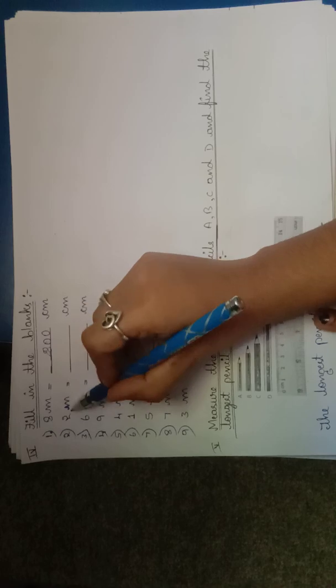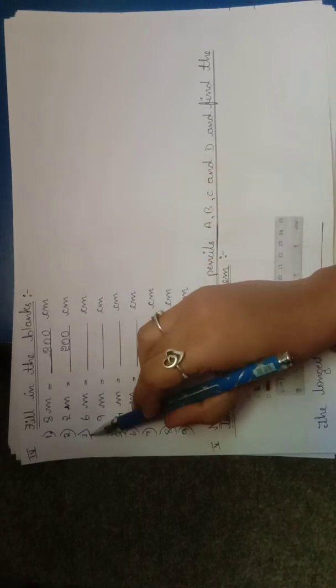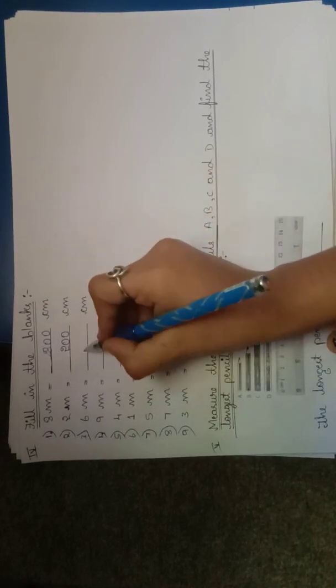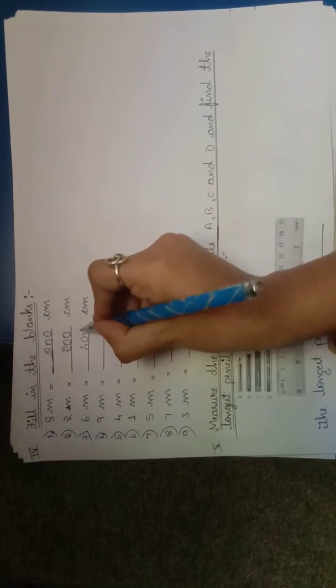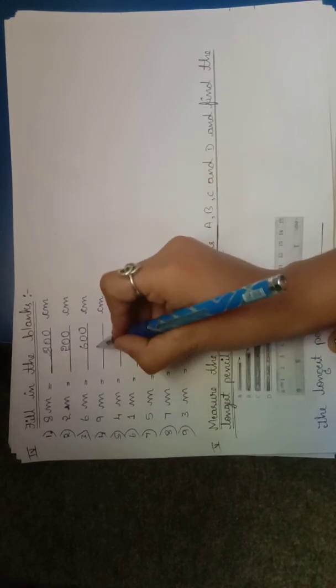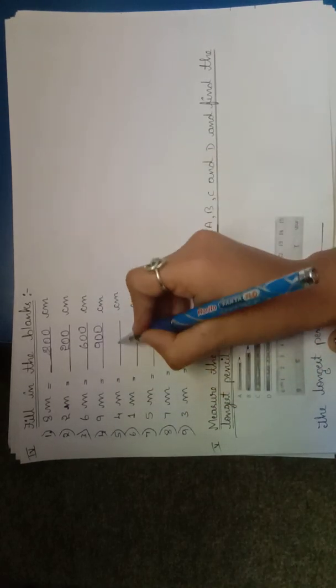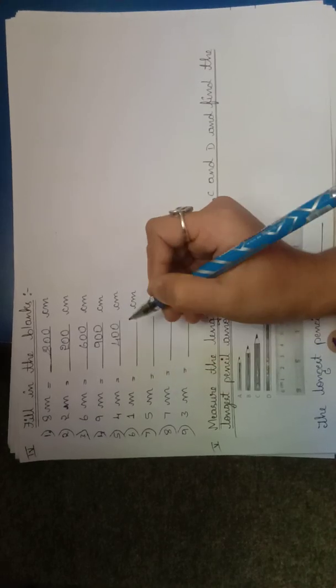Okay, second question, 2 meter equals how many centimeter? 200 centimeter. Third one, 6 meter equals how many centimeter? 600 centimeter. Fourth one, 9 meter equals how many centimeter? 900 centimeter. Fifth one, 4 meter equals how many centimeter? 400 centimeter.